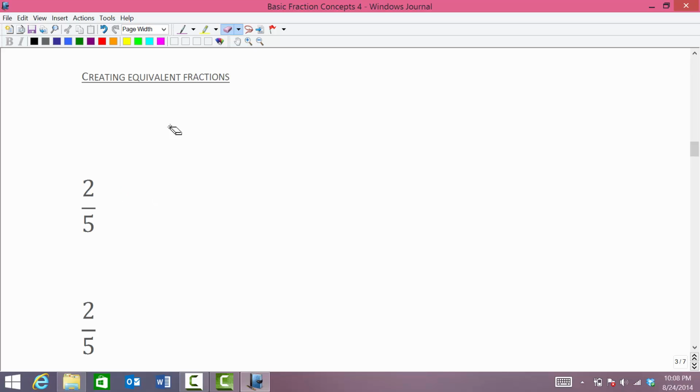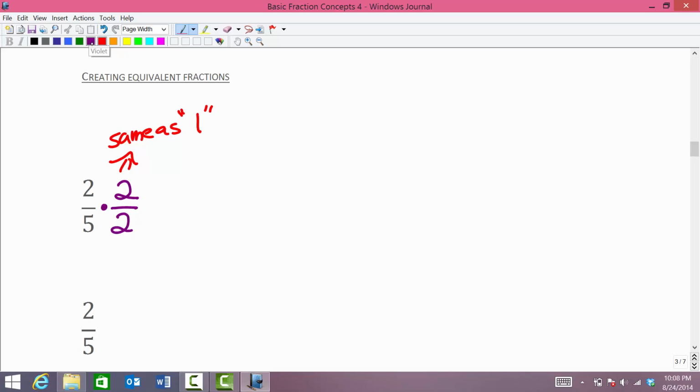So let's get rid of this. We just talked about that 2 over 2, 2 divided by 2, would be the same thing as 1. And if I multiply by 1, it doesn't change the value.